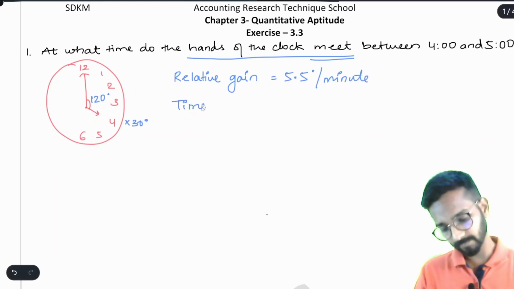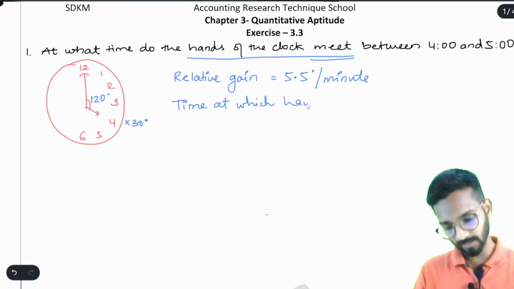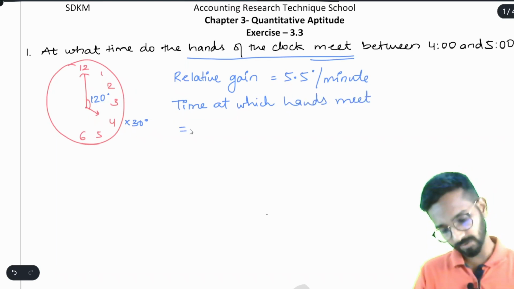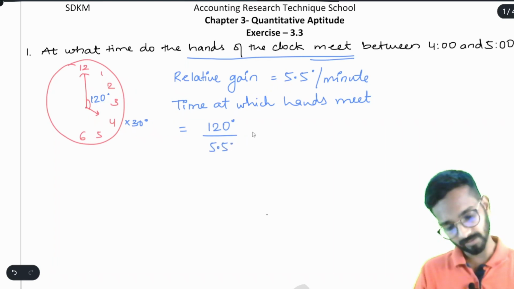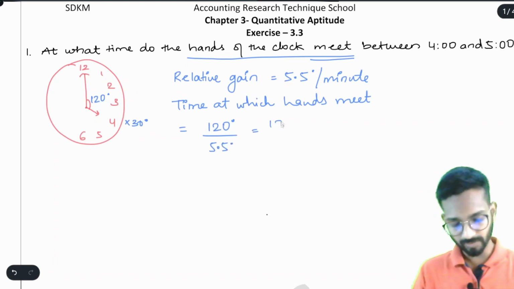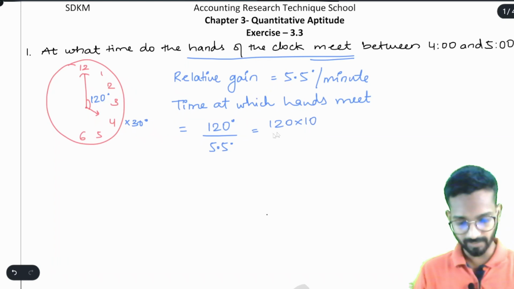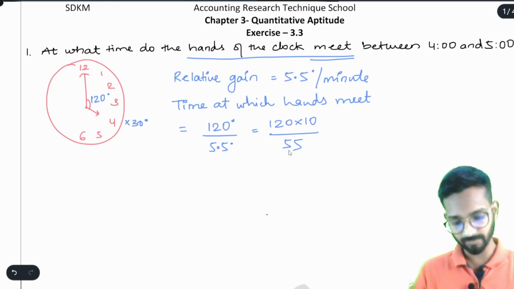Time at which hands meet is equal to 120 degrees divided by 5.5 degrees. That is nothing but 120 multiplied by 10 by 55.